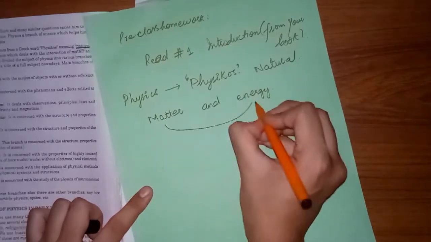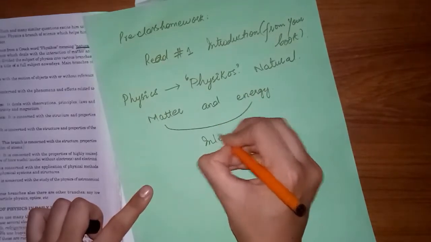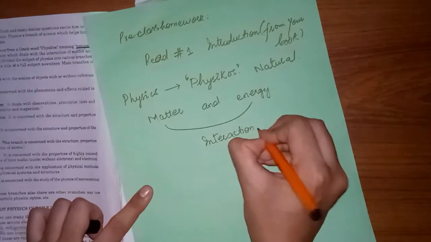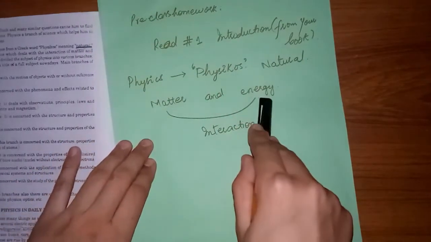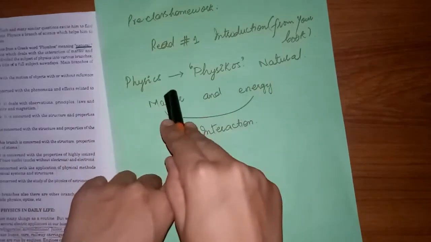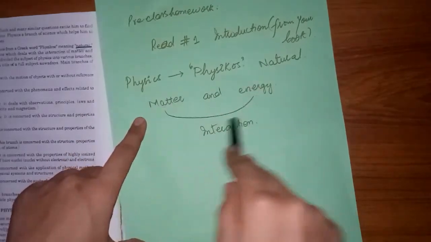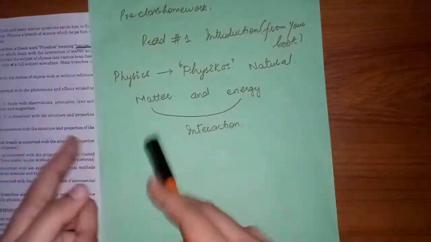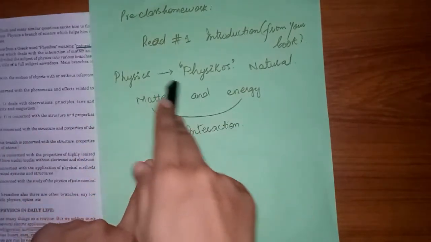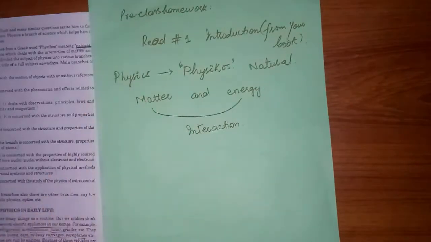Basically, physics is the interaction between matter and energy, like from matter how the energy is produced, and from the energy how the matter is derived. These both are interrelated with each other, and their interaction comes under the umbrella of physics.